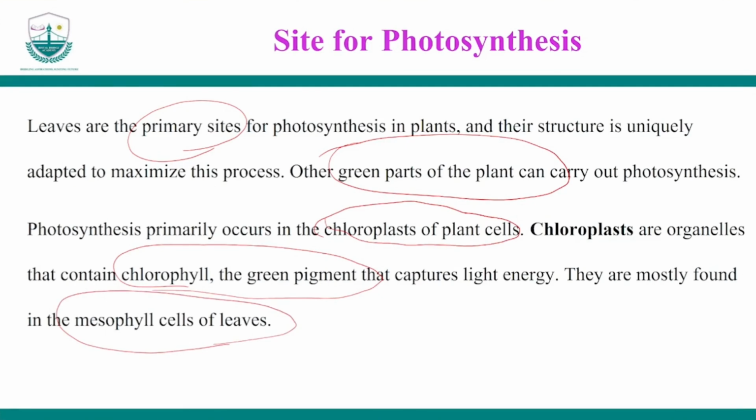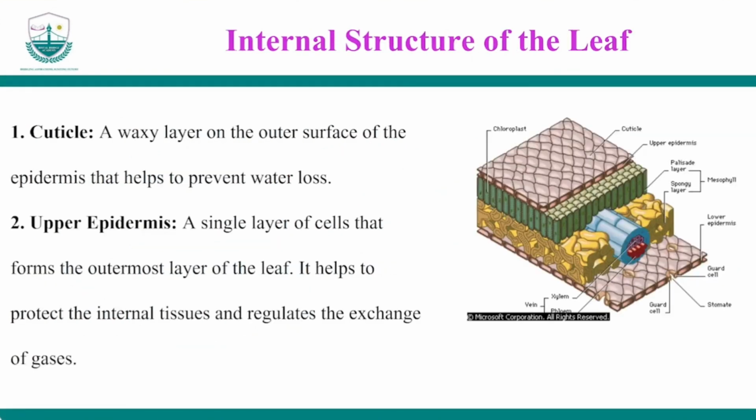Understanding the internal structure of the leaf is very important for us to understand how photosynthesis happens, and how the different materials that are used for photosynthesis are moved. How do we get carbon dioxide in? How do we get the water in?